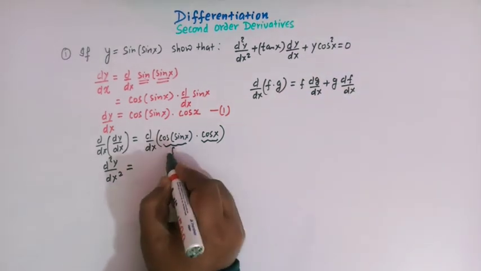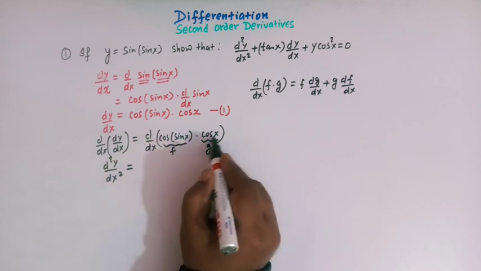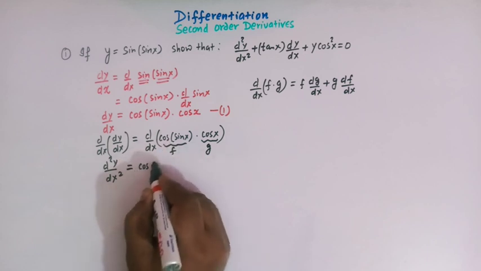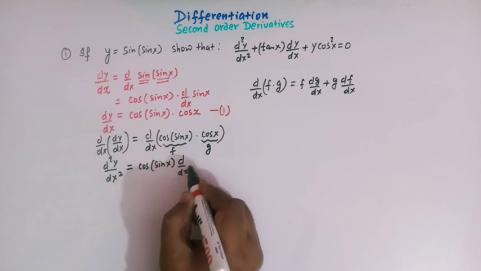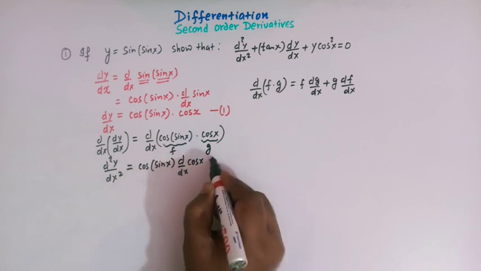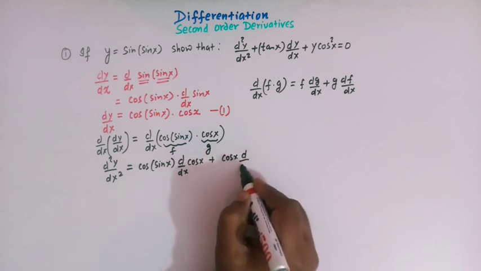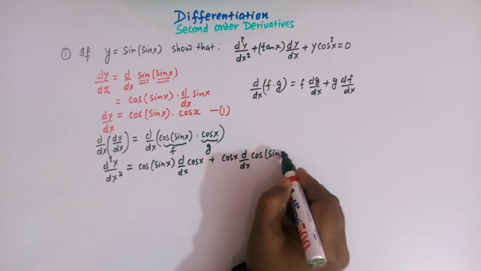Here we have f as cos of sine x and g as cos x. So we'll write the first function cos of sine x, then the derivative of cos x, plus cos x and the derivative of cos of sine x.